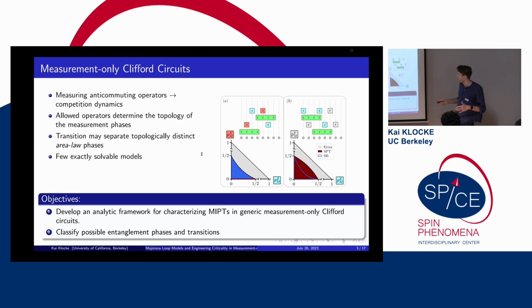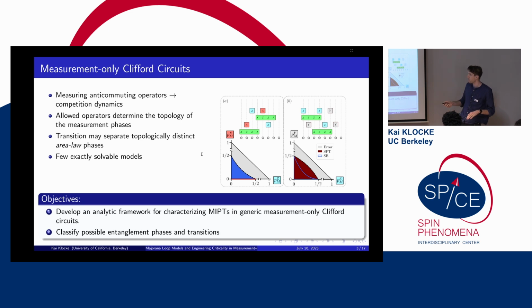And notably here, there are, of course, some very nice exactly solvable models, but because the space of possible circuits is so large, there's not really a unifying framework to say, hand me a set of operators that I want to measure, and I tell you what kind of transition, if any, you should see in this circuit.